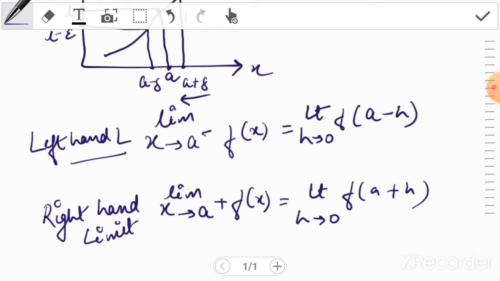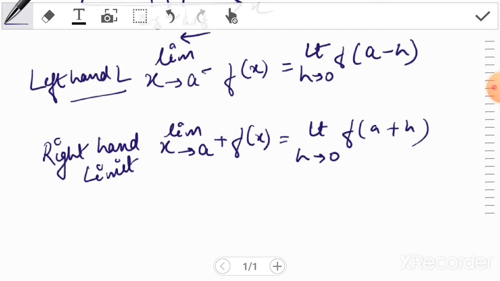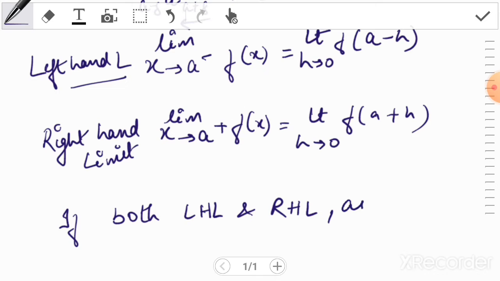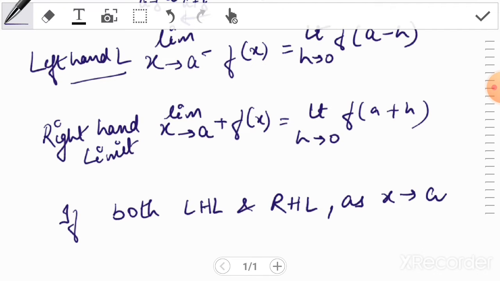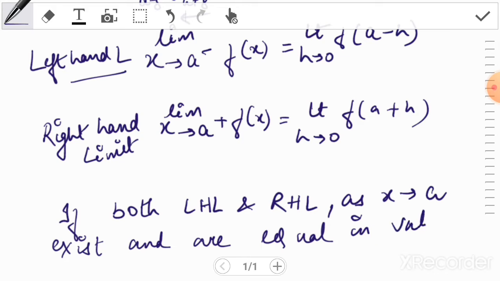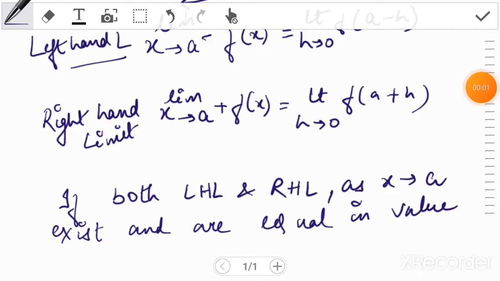So if both right hand limit and left hand limit of f as x tends to a exist and are equal in value, then the limit of function exists.